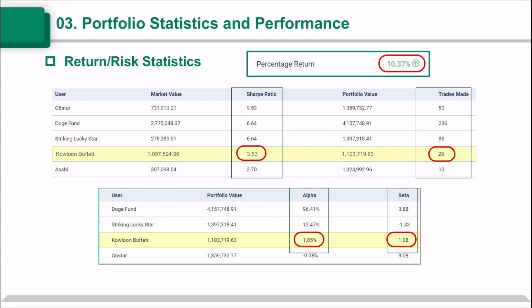The alpha is calculated as actual return of all stocks in open position minus expected return of the stocks in open position, and our portfolio had 1.85% of unexpected return, which fits our expectation of moderate risk tolerance level.